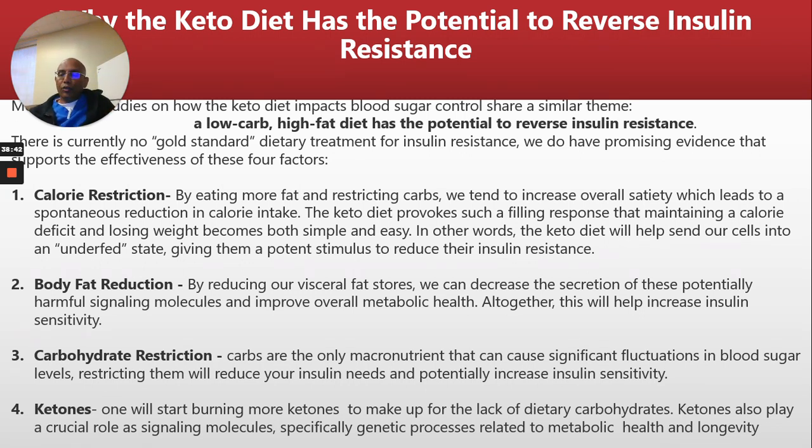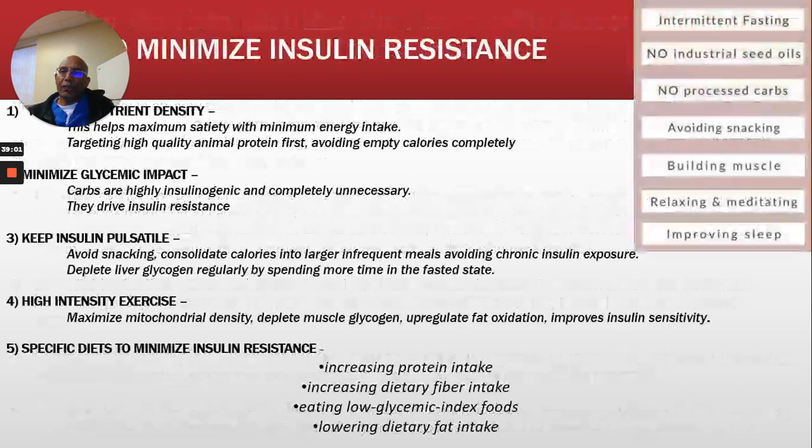And when we start burning fat, then we produce more ketones, and these play a crucial role, like with our genetic expression, and also help with metabolic health improvement and improving longevity.